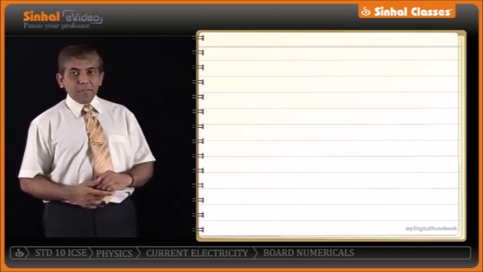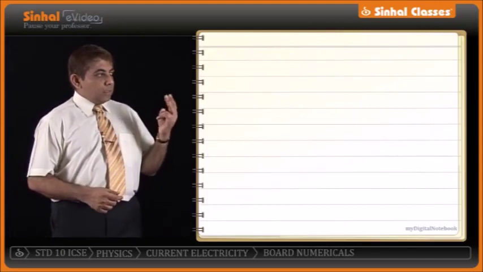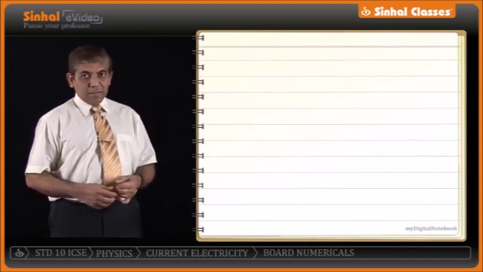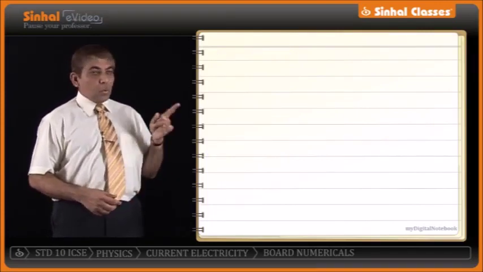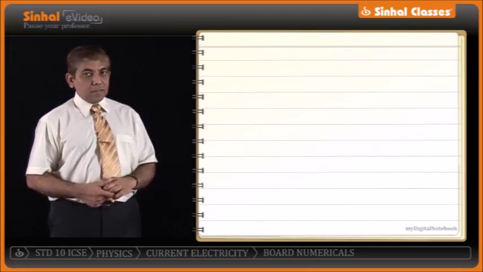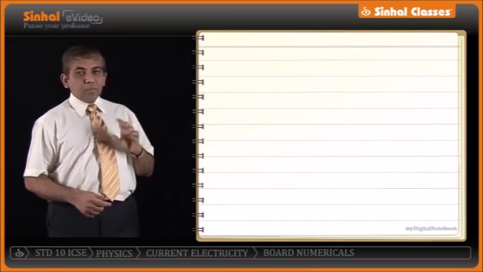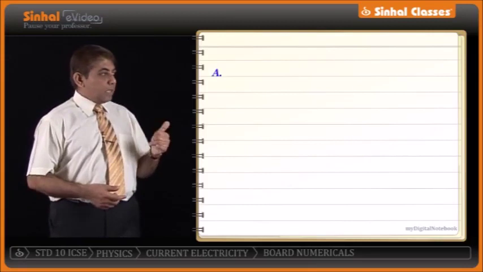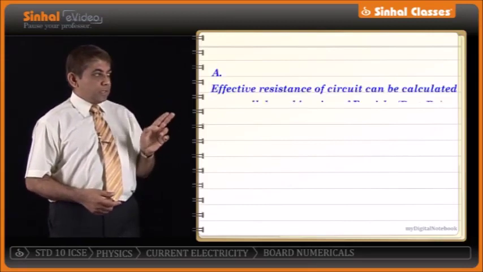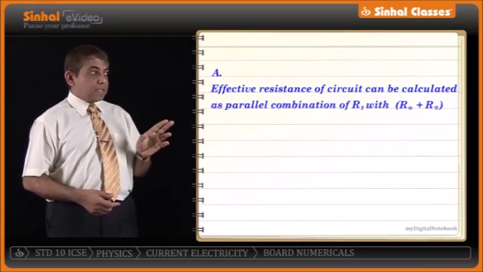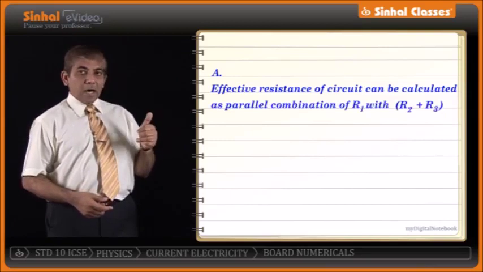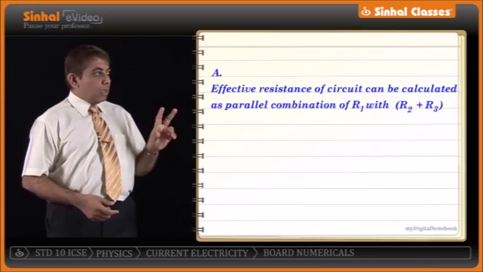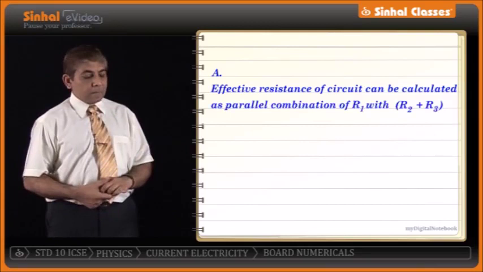Looking at the circuit diagram, we know that the 4 ohm and 2 ohm resistors are in series, and together they are in parallel with the 6 ohm resistor. So the effective resistance of the circuit can be calculated as a parallel combination of R1 with R2 plus R3.